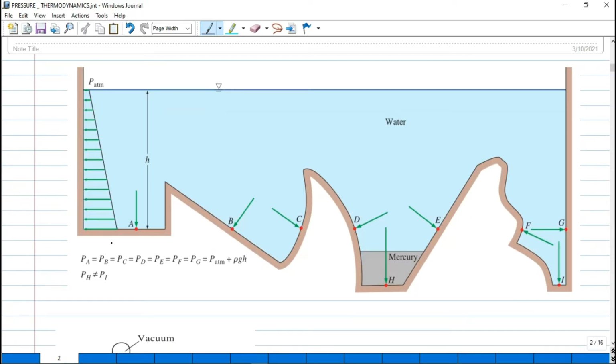At this same level, the pressures at A, B, C, D, E, F, and G are equal, considering the same height and the same fluid, which is water. Now here, although H and I are at the same height, at I it is water, but at H it is mercury. So PH and PI are not equal.